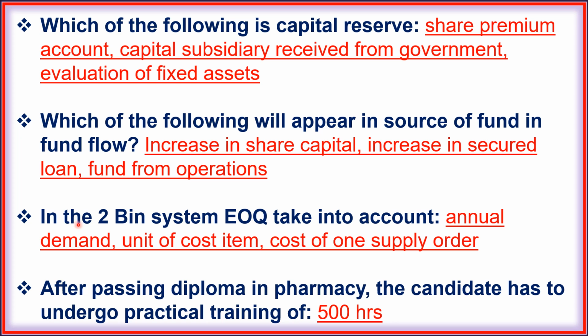Next, in the two-bin system, EOQ take into account annual demand, unit cost of item, and cost of one supply order. Next, after passing diploma in pharmacy, the candidate has to undergo practical training of 500 hours.